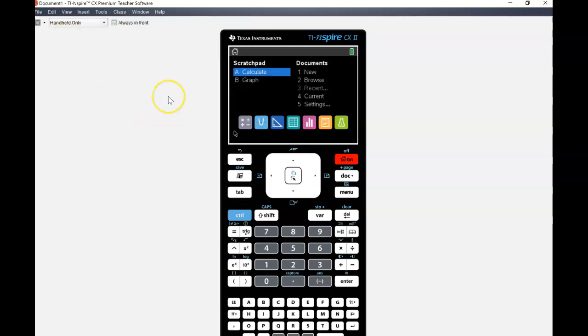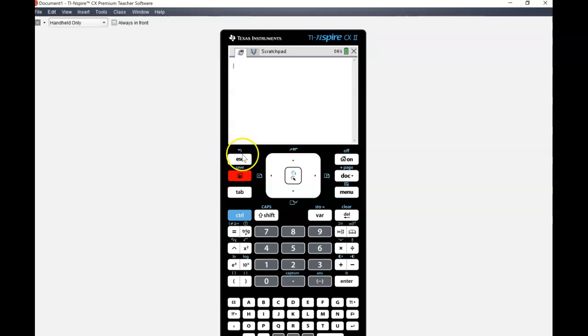To go to a graph, this is the best button for quick graphs, like when you're on the go and you think, let me just graph this really quickly. We're going to press this, and it toggles between a workspace and a graph.